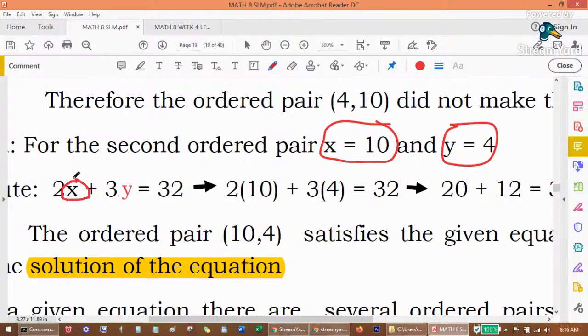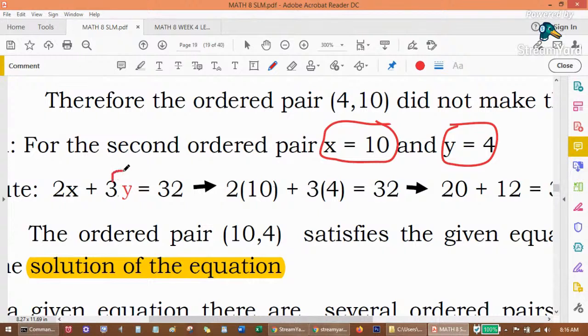So, itong x na 'to ay magiging parenthesis 10. Okay? Bakit parenthesis? Because 2x, ang ibig sabihin is 2 times x. So, kung papalitan natin ng x ng 10, dapat lalagyan natin ng parenthesis para ibig sabihin nun is 2 times 10. And then ng y, lalagyan natin ng parenthesis and then papalitan natin ng y ng 4.